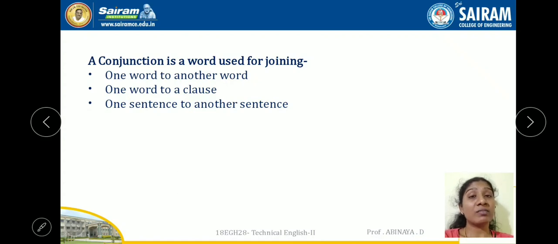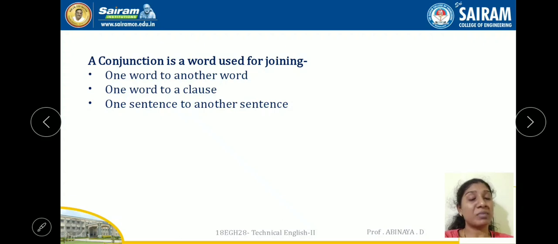Conjunctions are words we use to link one word to another word, one word to a clause or a sentence. While linking them, we make some mistakes.